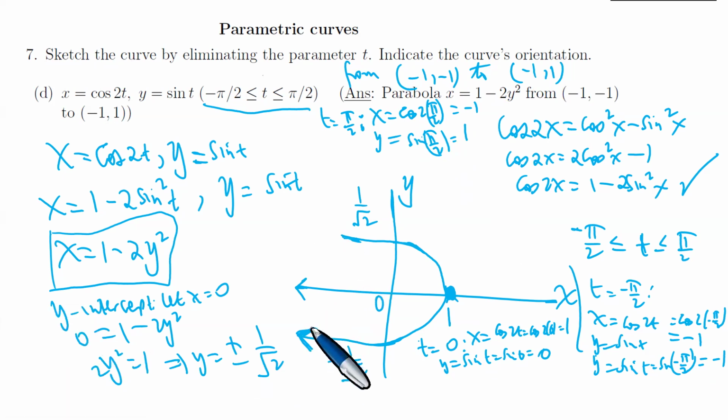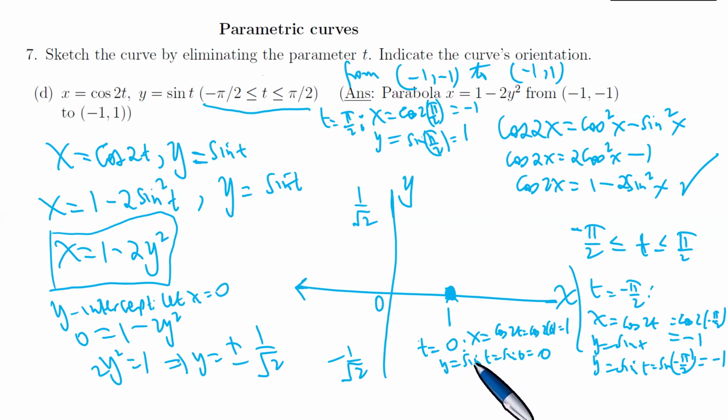So let us reason these together. Whenever t is minus pi over 2, you'd have minus 1.